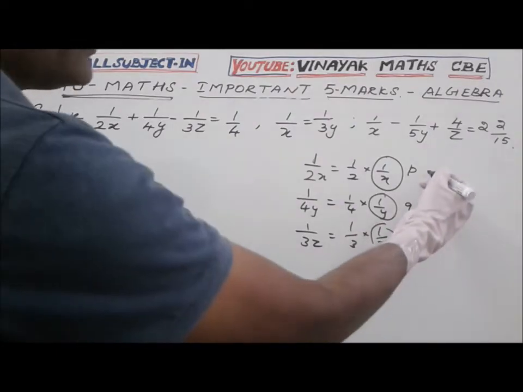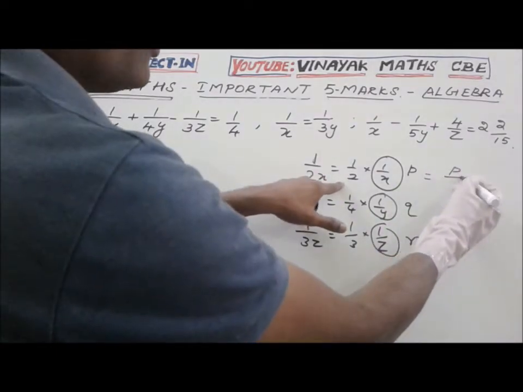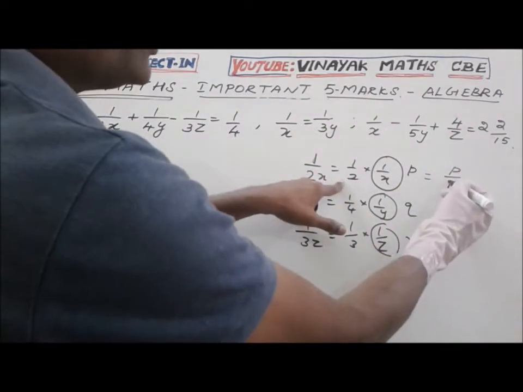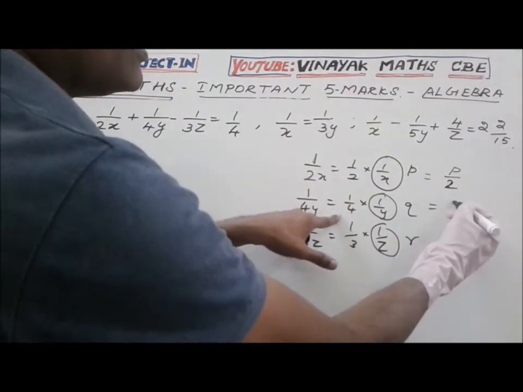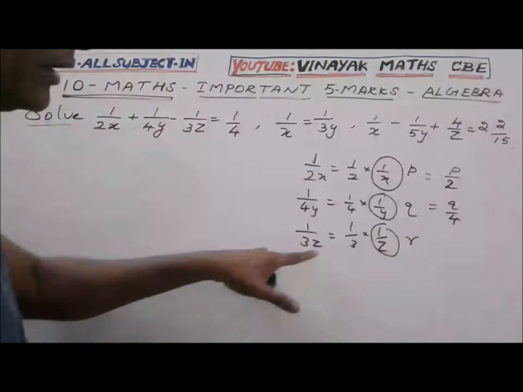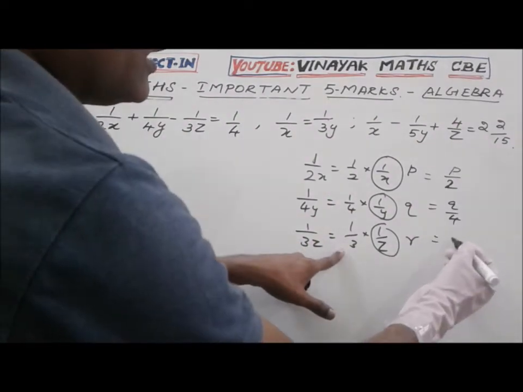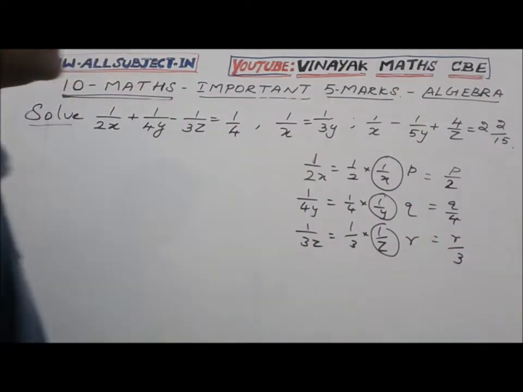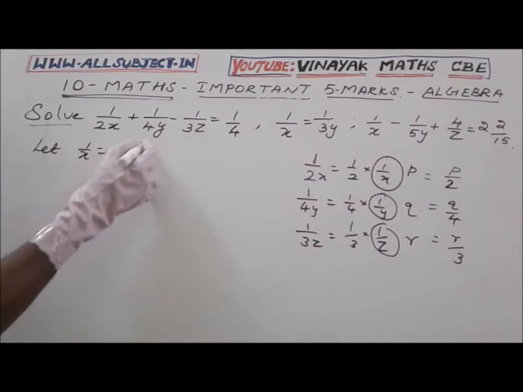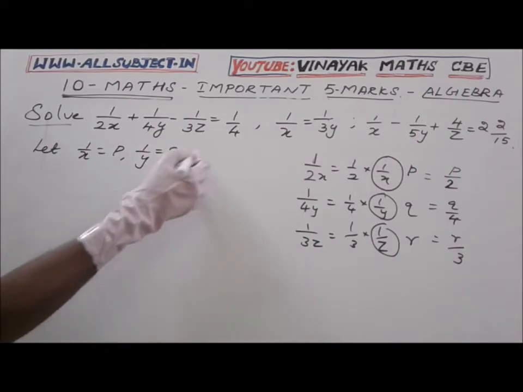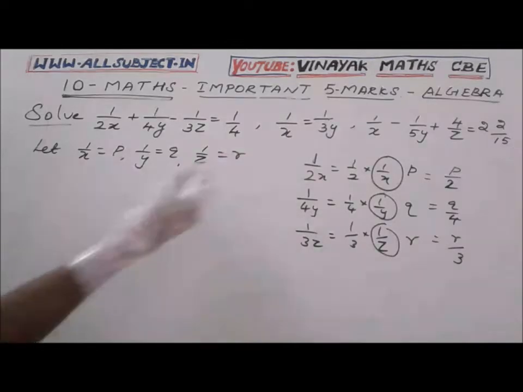Then it will change as p by 2, that is 1 by 2 into p, plus 1 by 4 into q or q by 4, minus 1 by 3 into r or r by 3. So first of all you should write: let 1 by x equal to p, 1 by y equal to q, 1 by z equal to r.